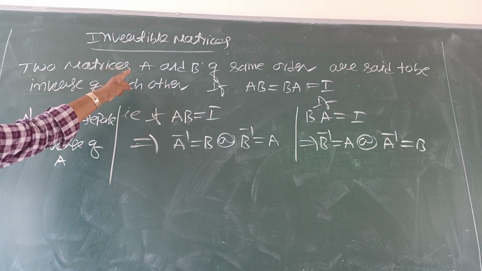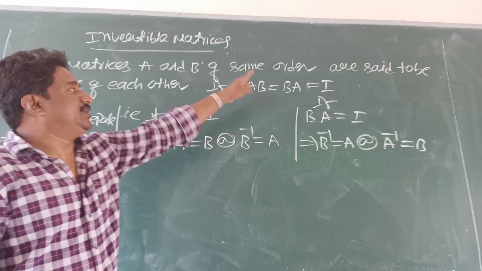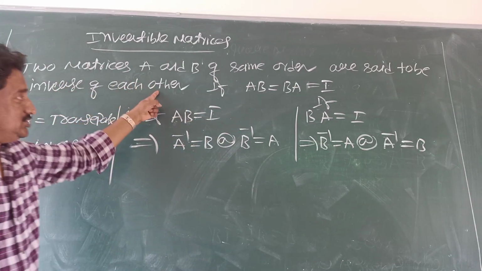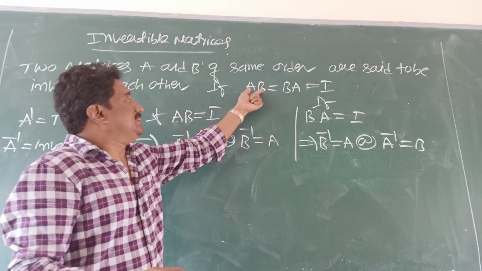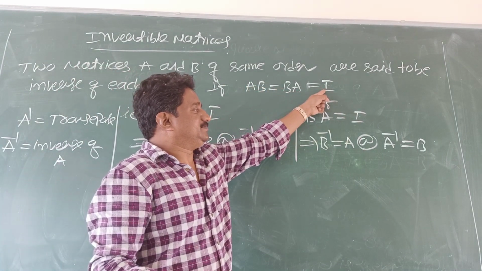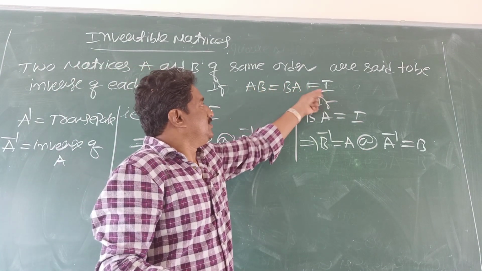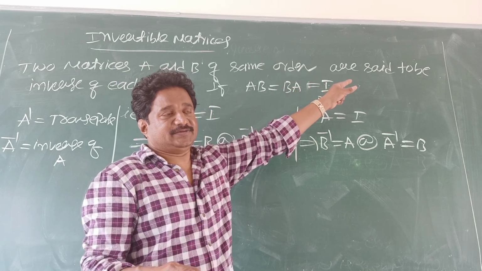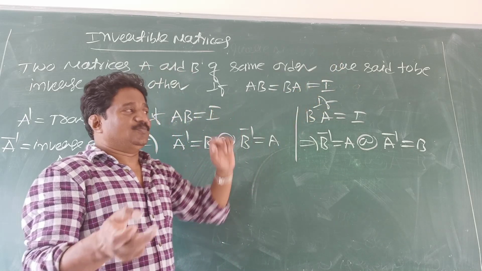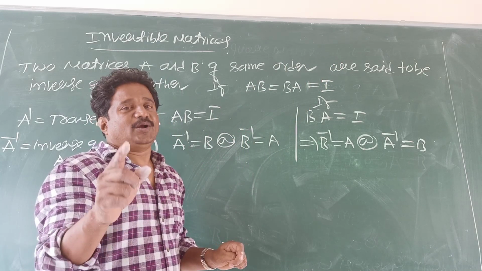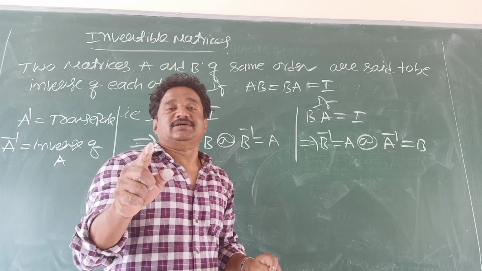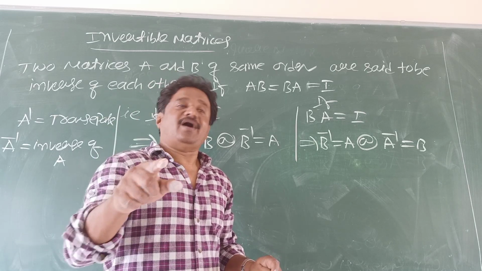Two matrices A and B of same order are said to be inverse of each other if their product is equal to I. AB is equal to I is the same as BA is equal to I. Product of A and B can be either AB or BA.